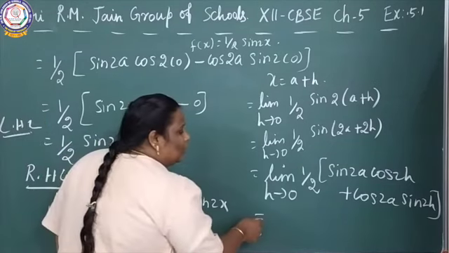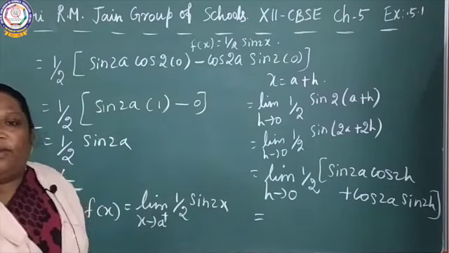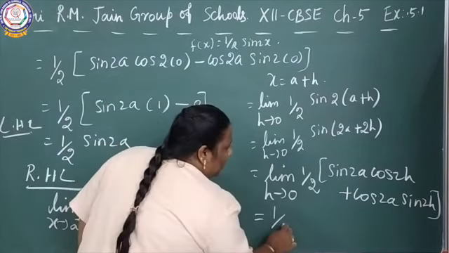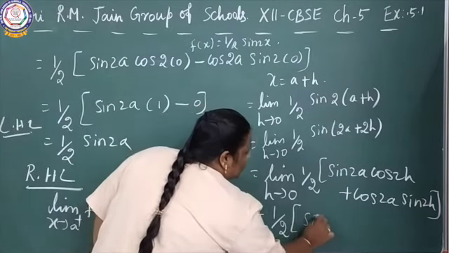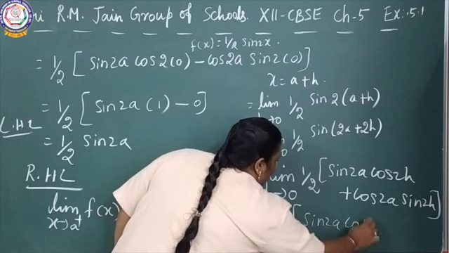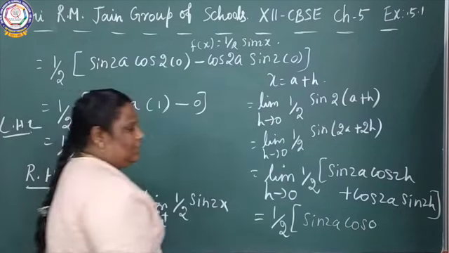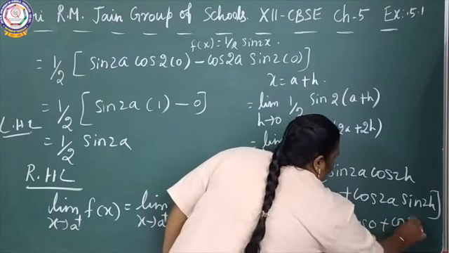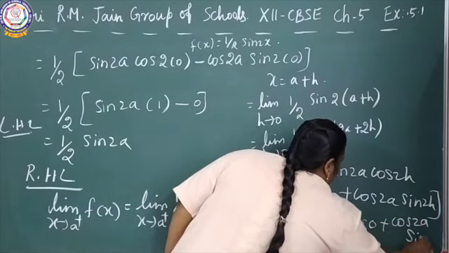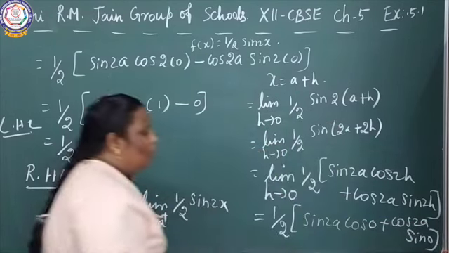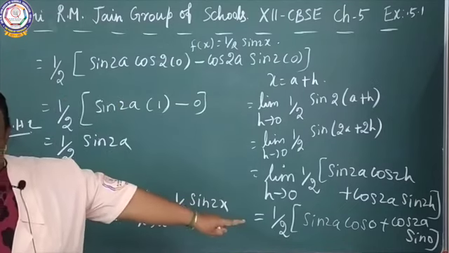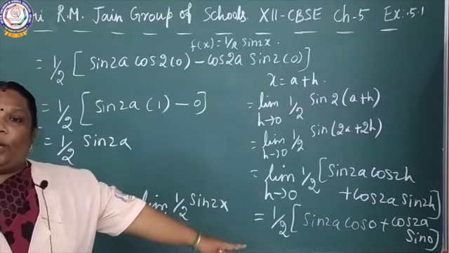Now you apply h value equal to 0. What is the value we are getting now? 1 by 2 into sin 2a into cos 0 plus cos 2a into sin 0. What is the value for cos 0? Cos 0 value is 1. Sin 0 value is 0.